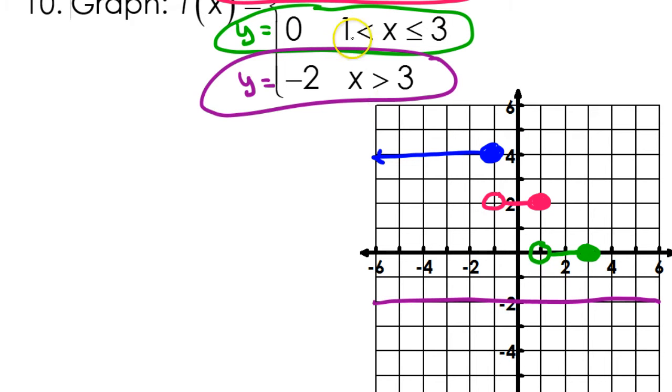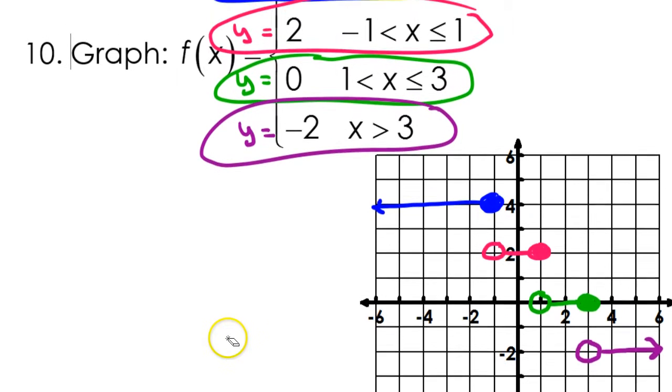We want the part of this where the x values are greater than 3. So here's 3 right here. The x values that are greater than 3 will be to the right, like this. So this is what the piecewise function looks like for number 10.